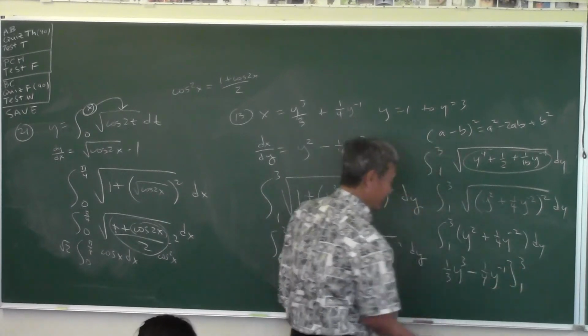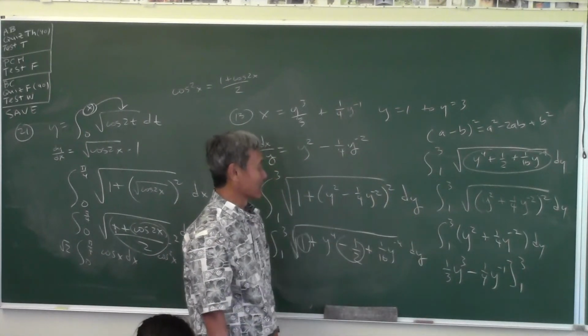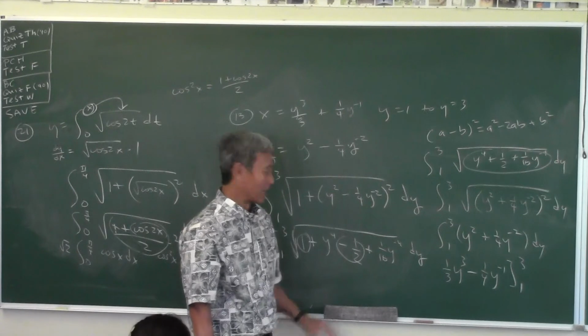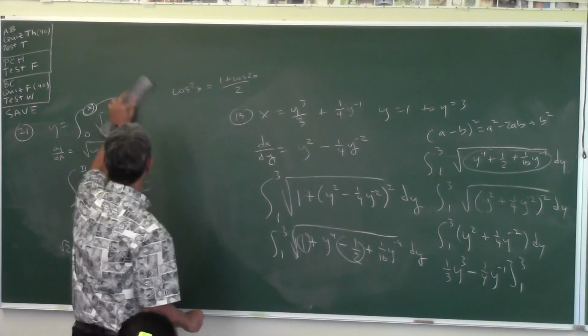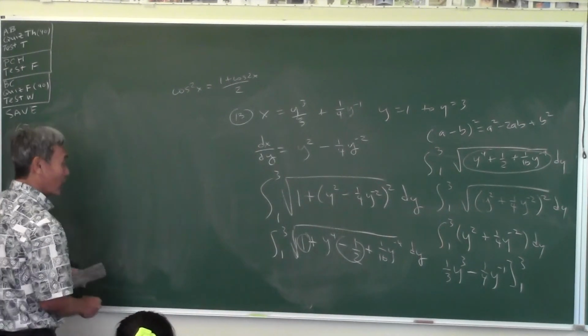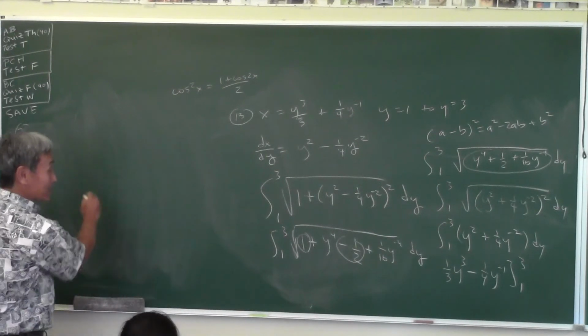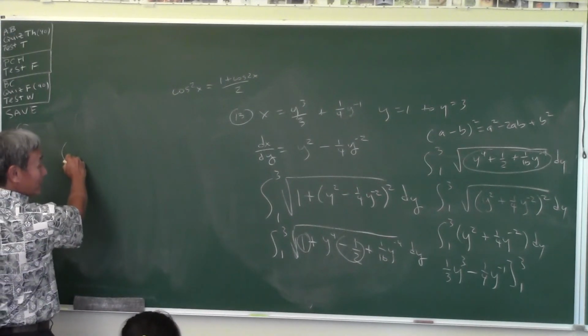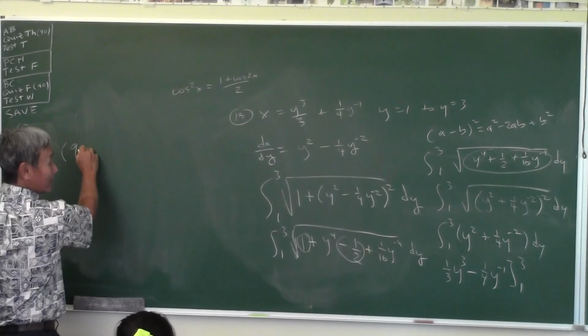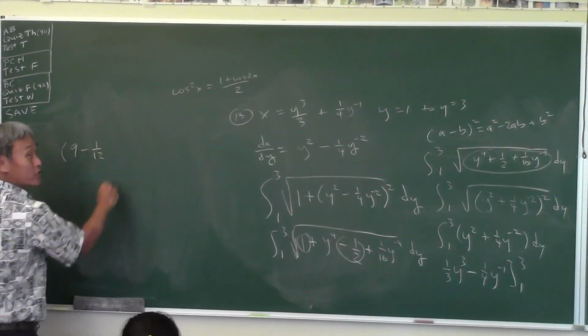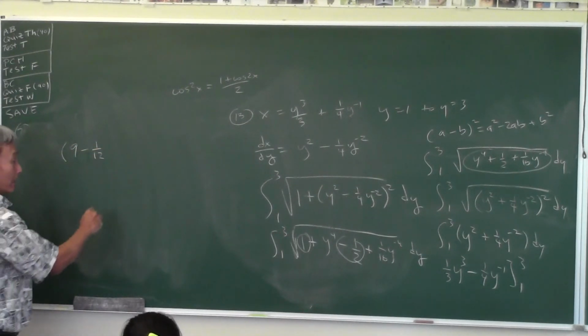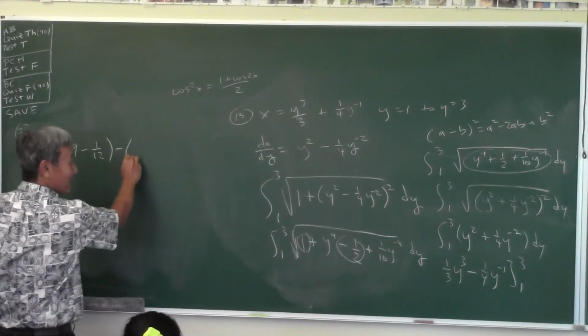From 1 to 3. And then can I trust you to plug in the top number, bottom number, subtract? If you plug in the top number, 9 minus 1, 12, minus 1.